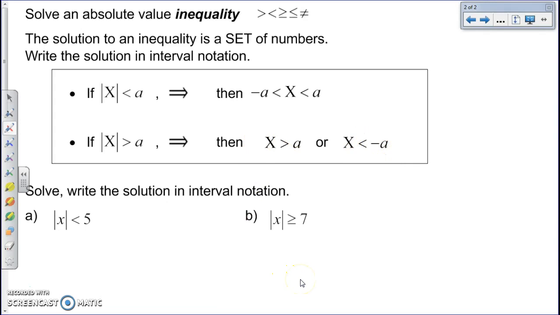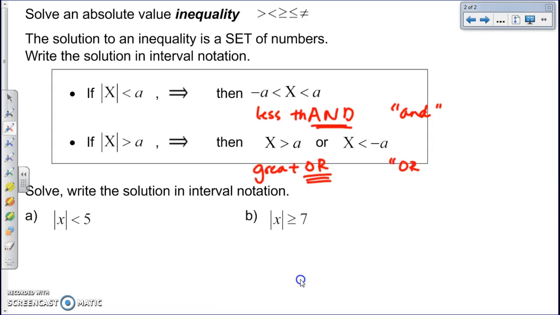So it's silly, but the way I remember this is to say if it's less than, and, you're using and, which is between two given numbers. Or if it's greater, that's when you're using or, greater, or.